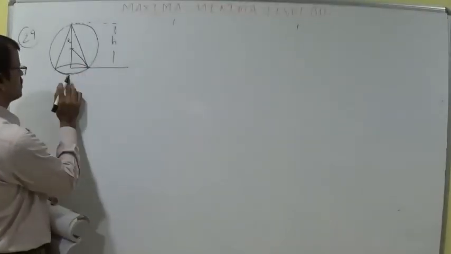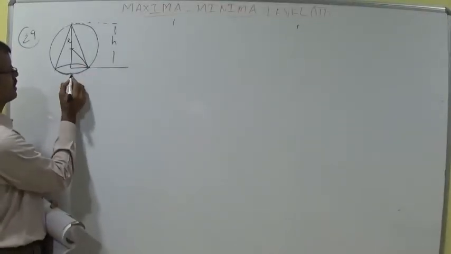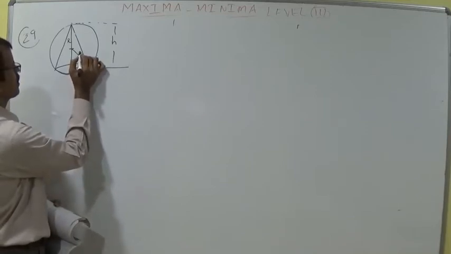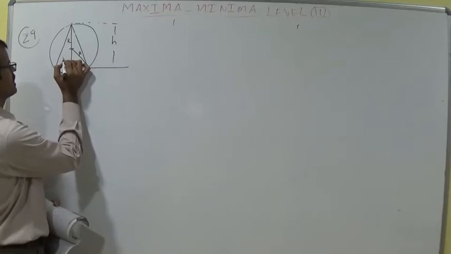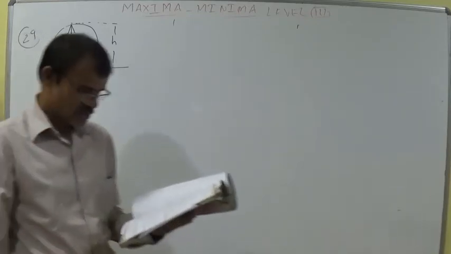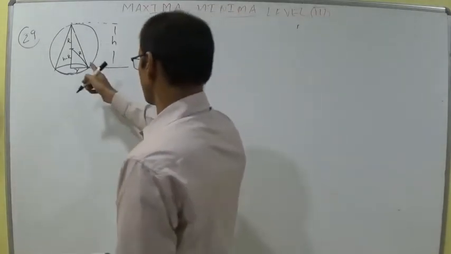Yes, we made a mistake in the previous way. This total height I have taken, but until here only we should take. This is R. This is an important point which I forgot. This is H minus R and this is small r. So this is total height.